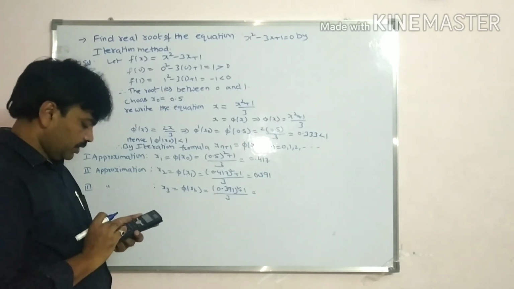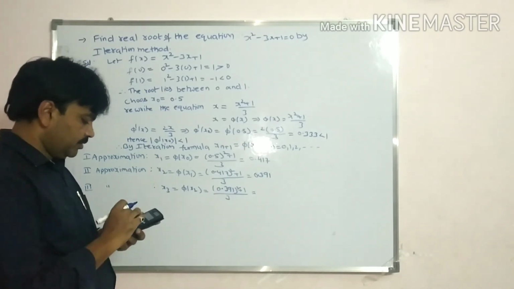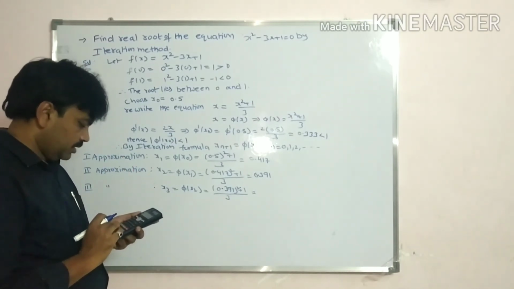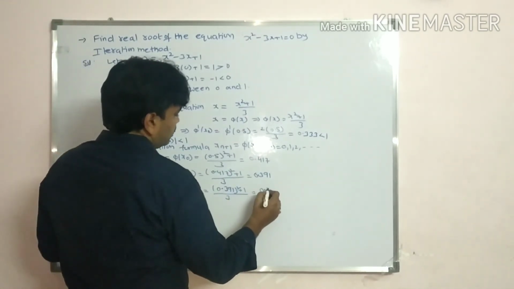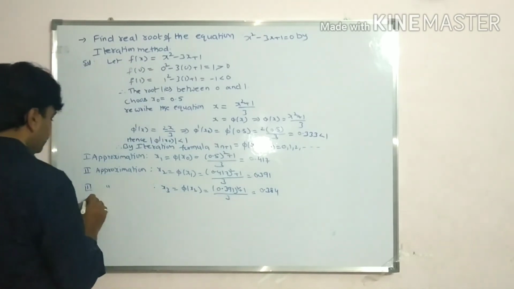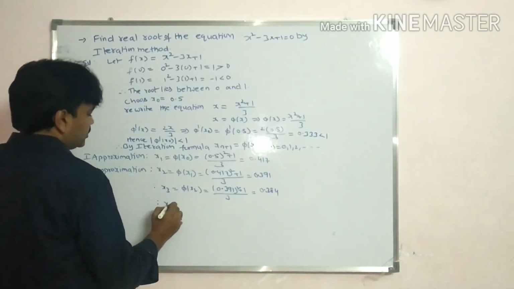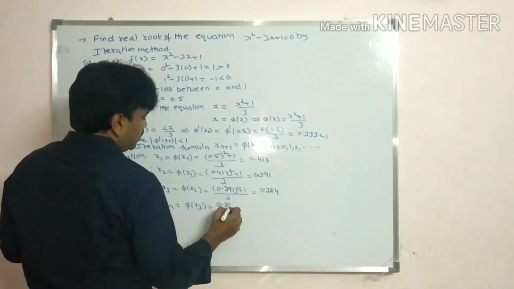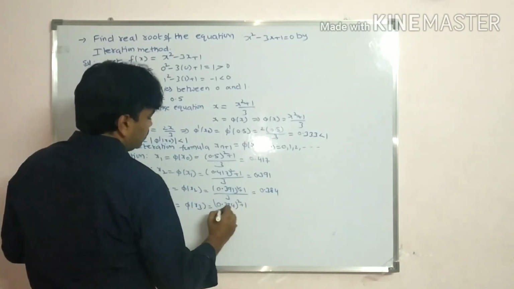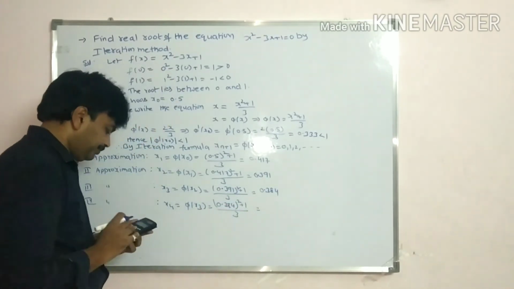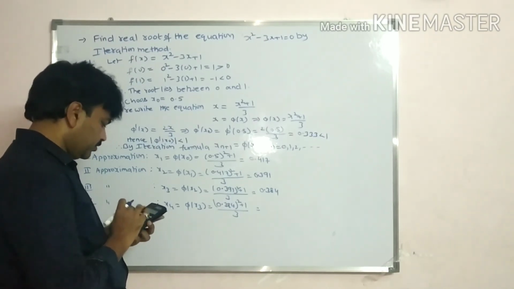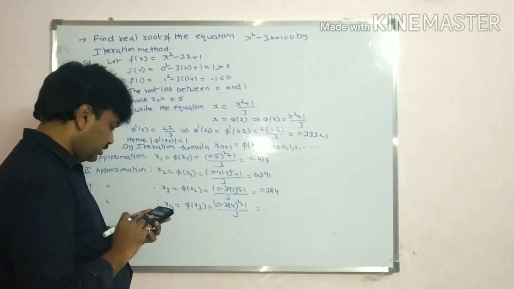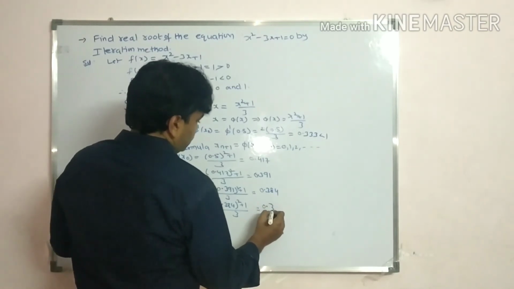Again bracket answer square plus 1 bracket close divided by 3. We get here 0.384, students. Go to the fourth approximation. X4 is equal to phi of x3, that is 0.384 whole square plus 1 divided by 3. We get here 0.383.